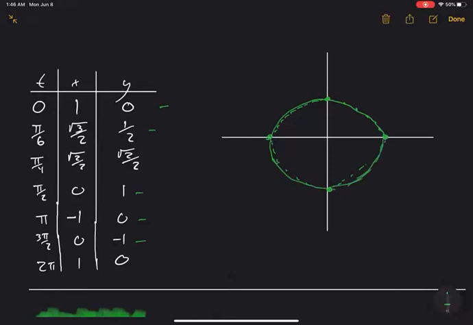Okay. And which direction am I moving? Well, I started at time 0, I was here, right? And then I started drawing my points in this direction as t increased. So I have this circle that's looping around this way. And then at 2 pi, I've arrived back at my starting point. Okay, so my curve looks like this.